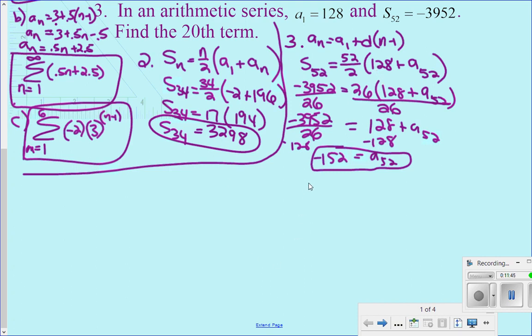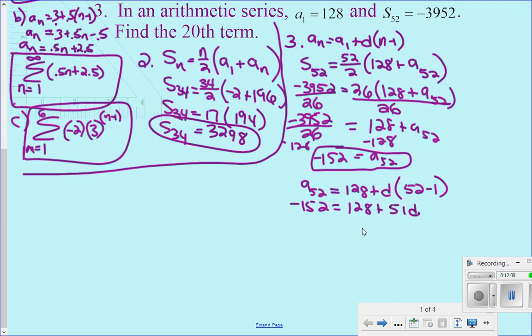So that's our plan. So a sub 52 is equal to a sub 1, which is 128, plus d, I don't know, times 52 minus 1 because it's the 52nd term, and a sub 52 we just got is negative 152. So negative 152 is 128 plus 51 times d.